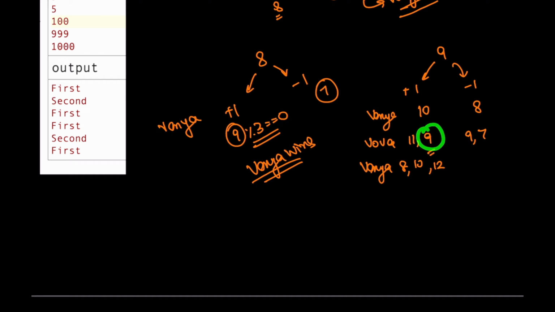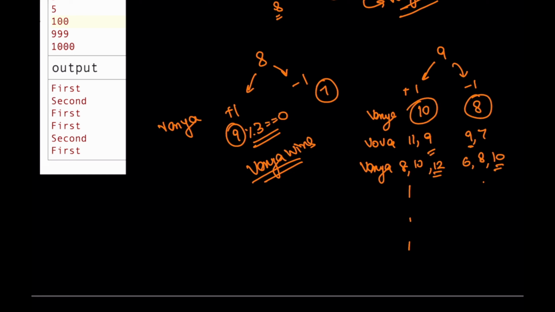For -1 we get 8, +1 gives 10, -1 gives 10, +1 gives 12. And on the other side, -1 will be 6, +1 will be 8, -1 will be 8, +1 will be 10.